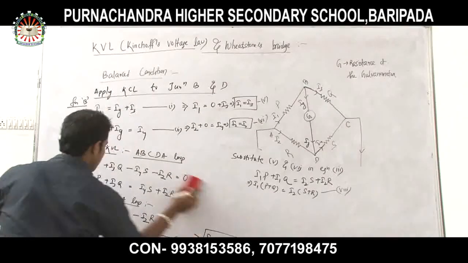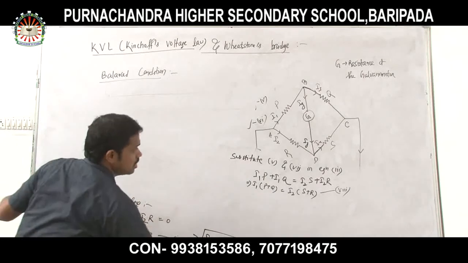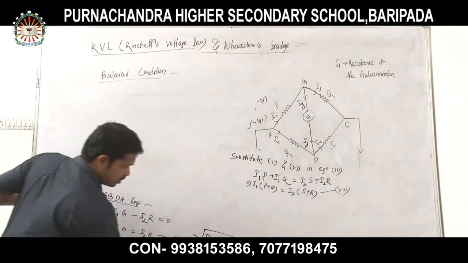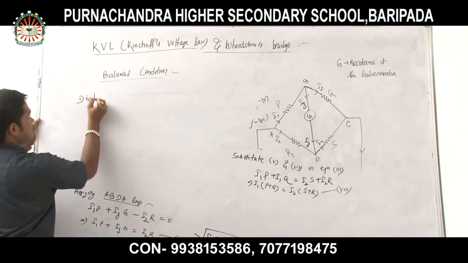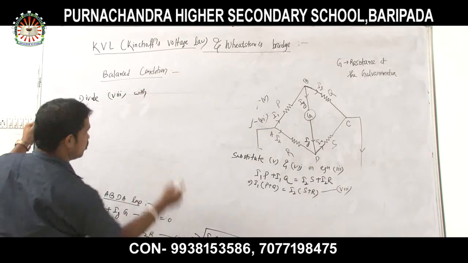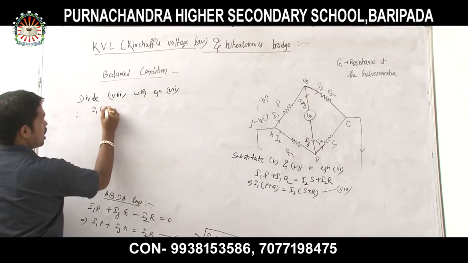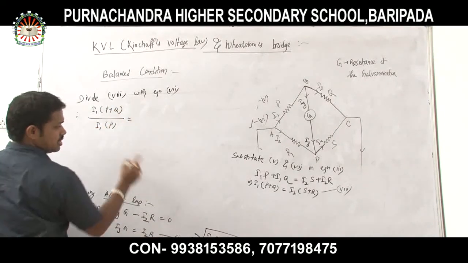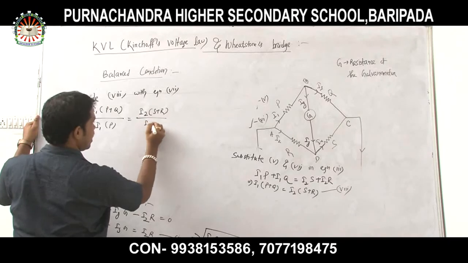Almost completed. So finally we have to conclude one thing. Now we will get equation number 8: I1 times P plus Q is equal to I2 times S plus R, and in equation number 7 we have I1P is equal to I2R. So let us divide equation 8 by equation 7. What do we get? I1 times P plus Q divided by I1P is equal to I2 times S plus R divided by I2R.